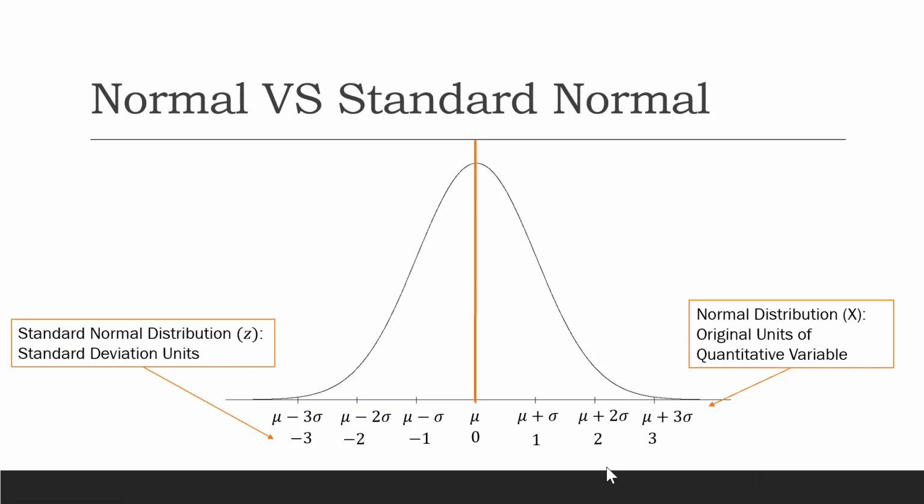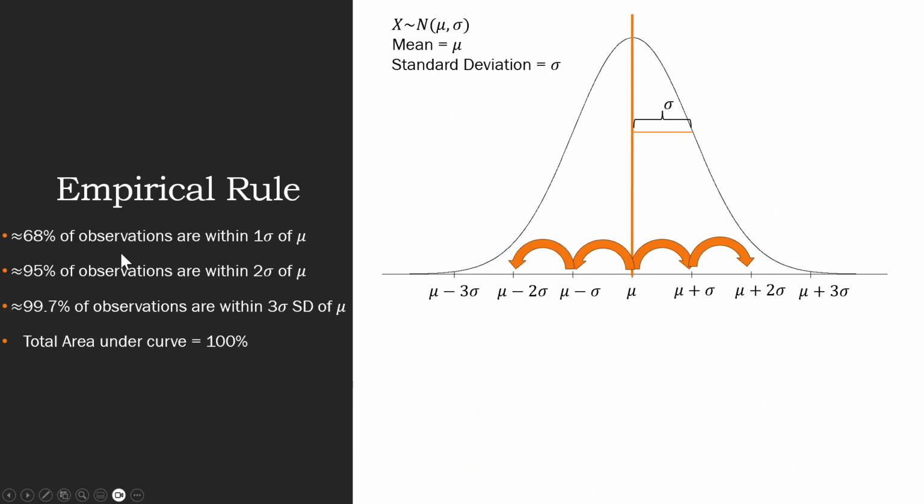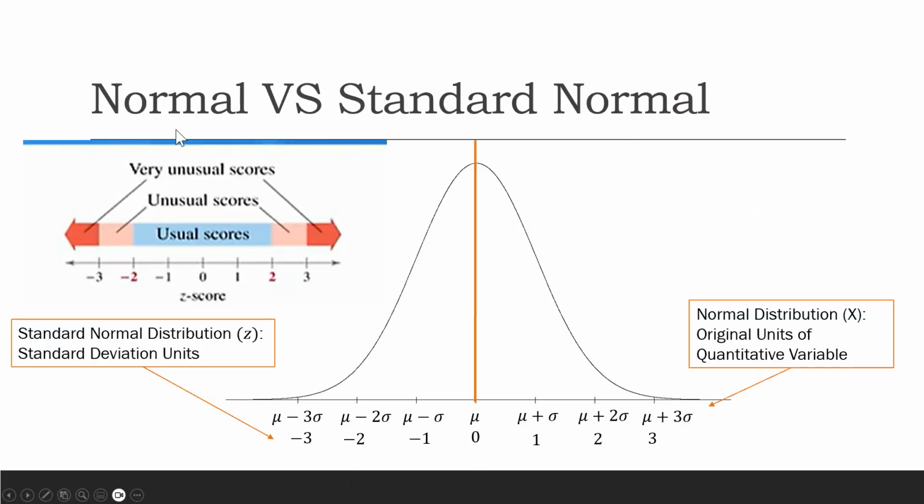And so if I combine this z-scale with the empirical rule that I used in the previous slide, that 95% of our observations are within 2 standard deviations from our mean, we're going to see where we ended up getting this picture here, where we talked about values of z that are considered usual scores, unusual scores, and very unusual scores.